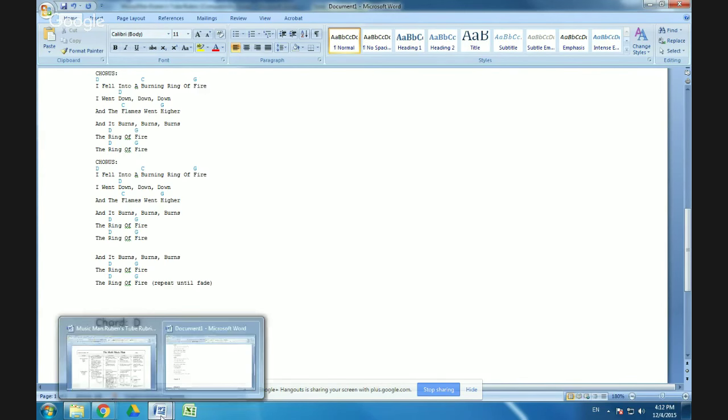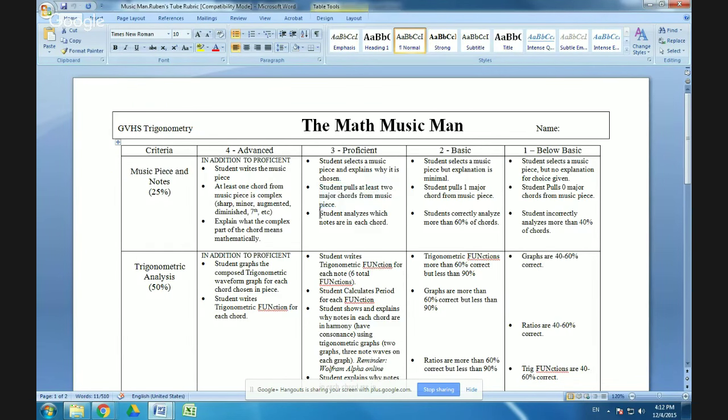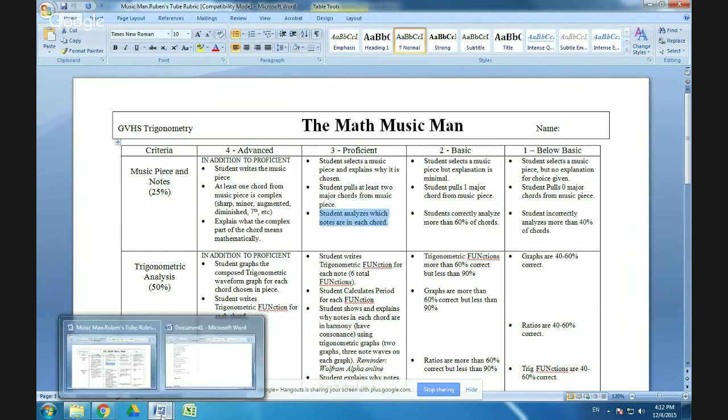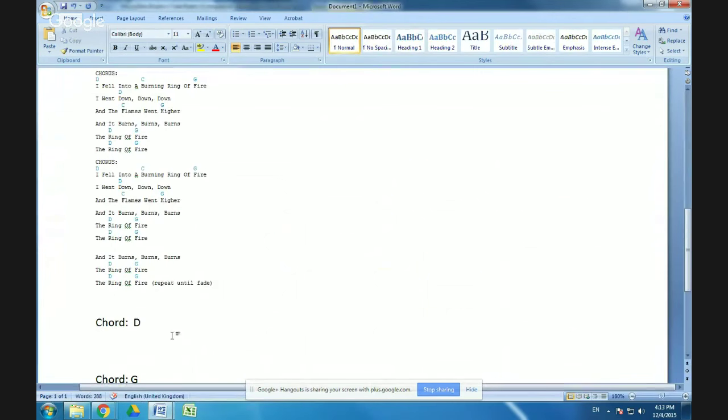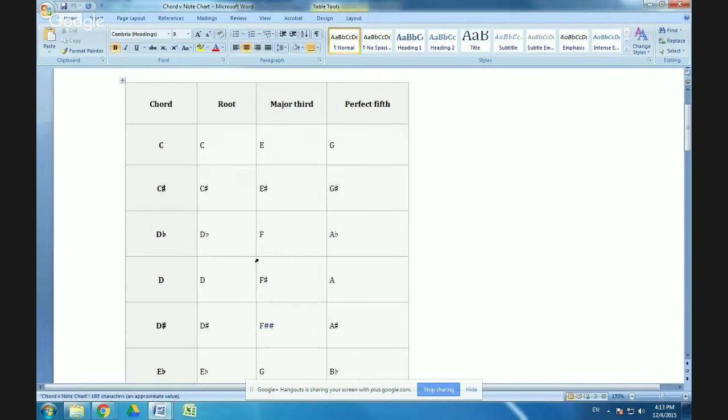Now I'm going to break up the chords into the triad of notes that's in each.